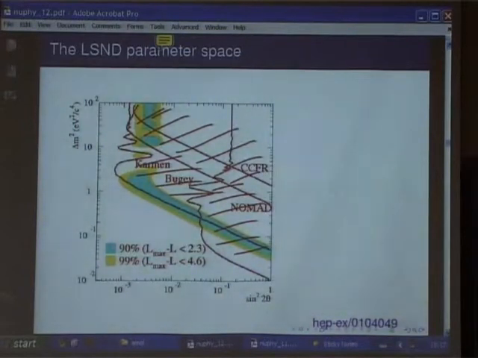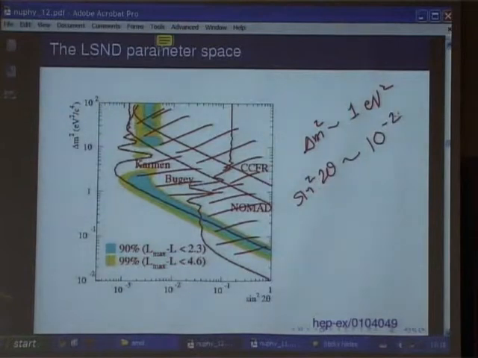This region corresponds to delta m square of the order of, as I said, 0.2 to about 10, so delta m square is of the order of 1 eV squared, plus minus a factor of 5. And sine square 2 theta is about 10 power minus 3 to 10 power minus 1, so of the order of 10 power minus 2 with some factor of 5 or so.